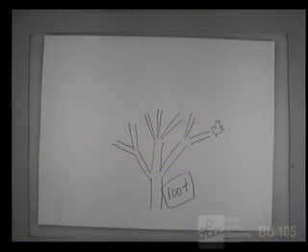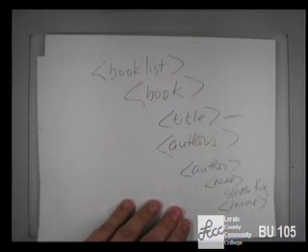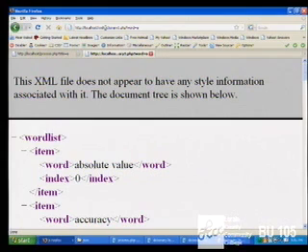If you remember, in XHTML, the root node for an XHTML document is the HTML tag. In this example, it would be the book list tag. In our XML dictionary example, it would be our word list tag.